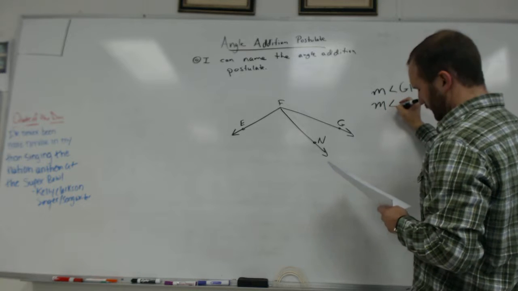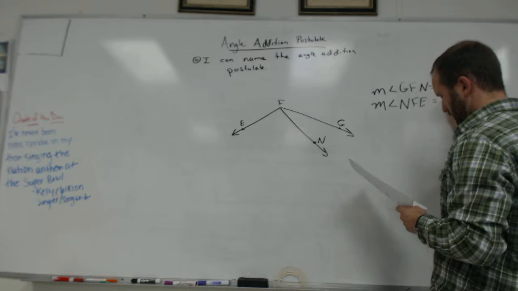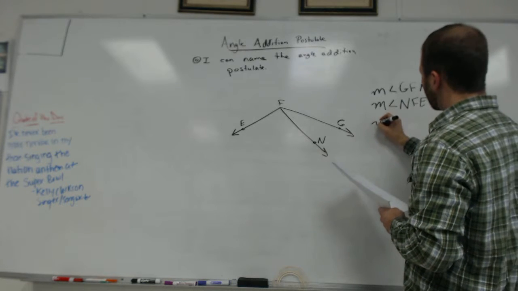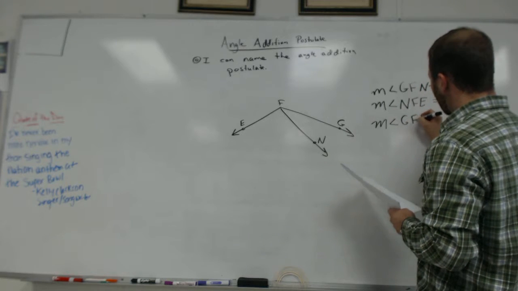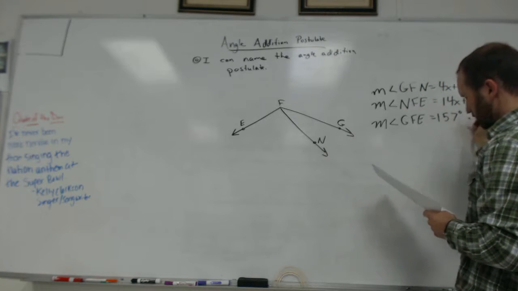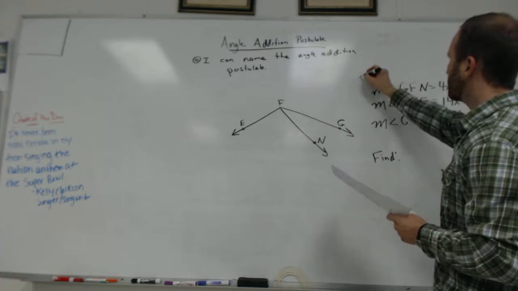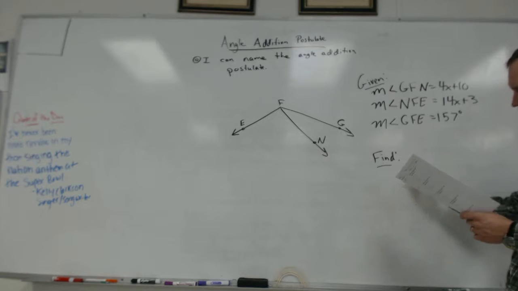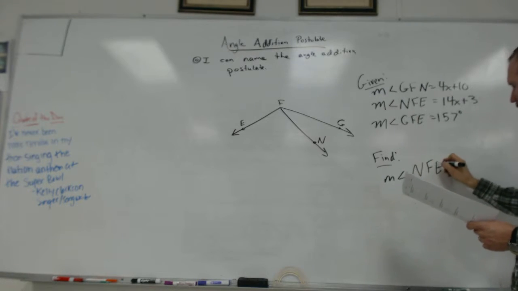The measure of angle NFE equals 14x plus 3. The measure of angle GFE equals 157 degrees. And then what they want us to find, so given this, find the measure of angle NFE.